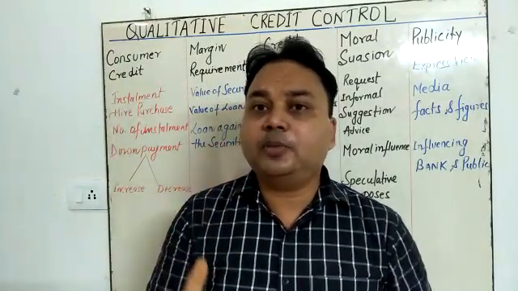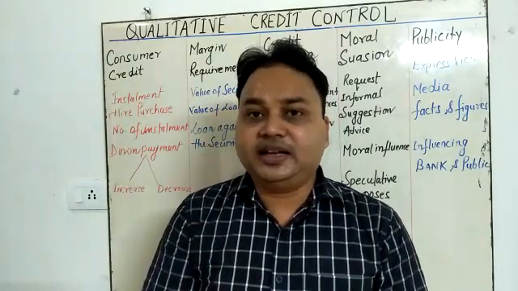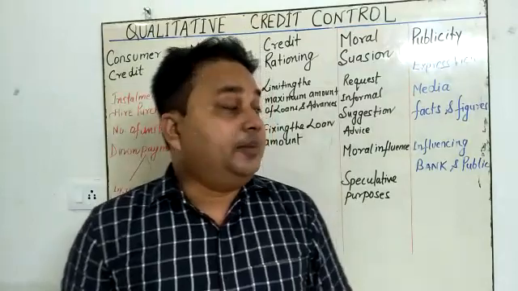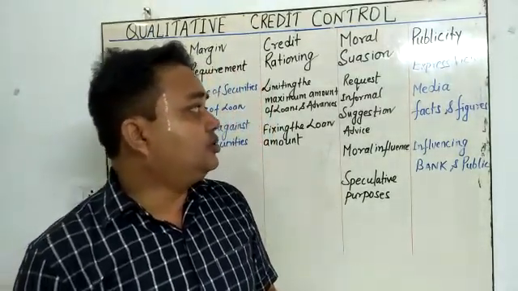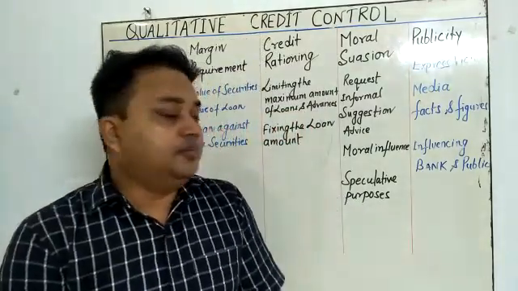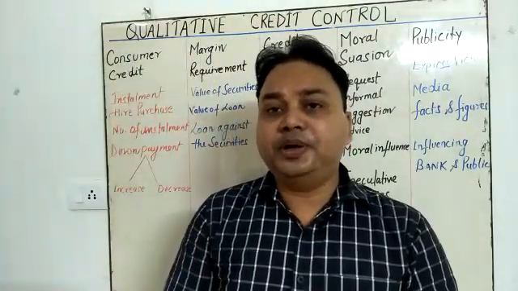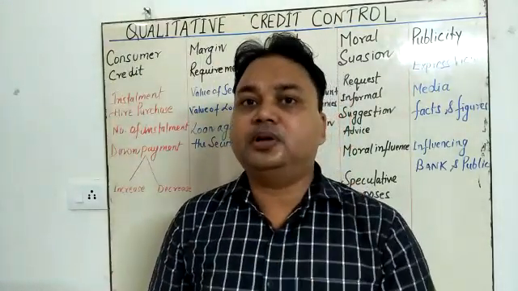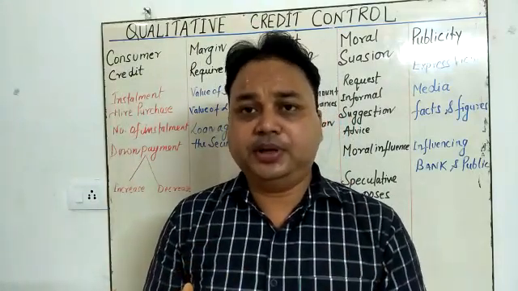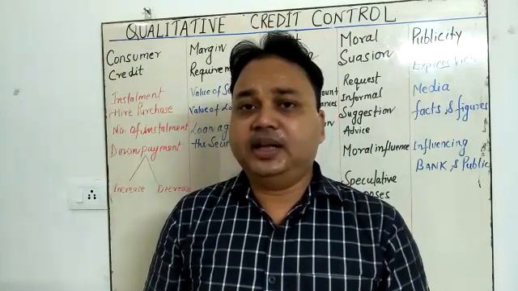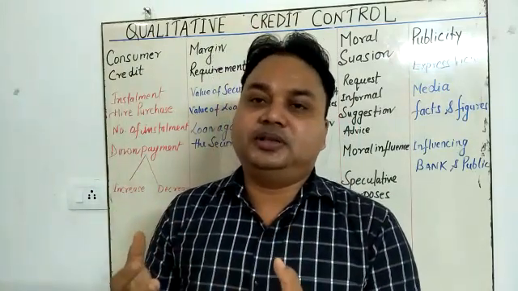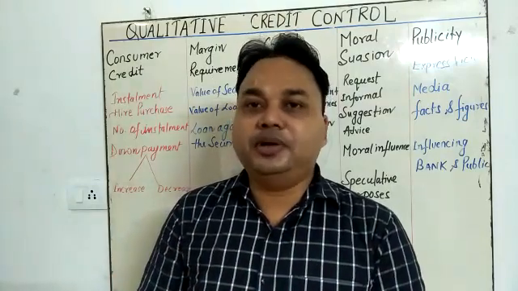Whatever fiscal policy and monetary policy RBI has taken during a particular period, from time to time it expresses its own views to media persons, influencing banks as well as people's opinion. It takes the opinion of people also. Some political leaders also give ideas on behalf of the people. That is called publicity. It comes under public matters.